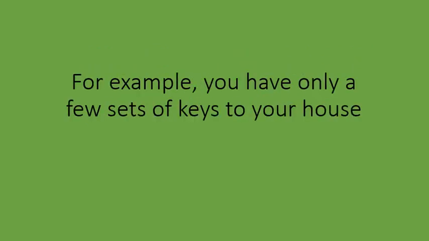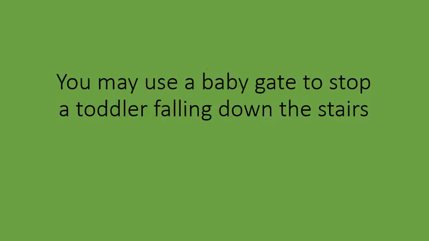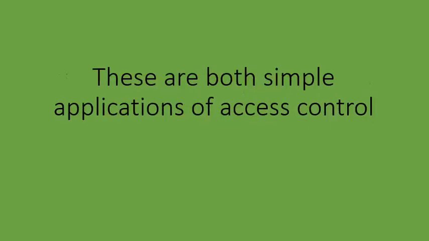This is something we do every day in our lives. For example, you only have a few sets of keys to your house. Only people authorized by the homeowner get to keep a copy, probably family or maybe some close friends. You may use a baby gate to stop a toddler falling down the stairs. These are both simple applications of access control.